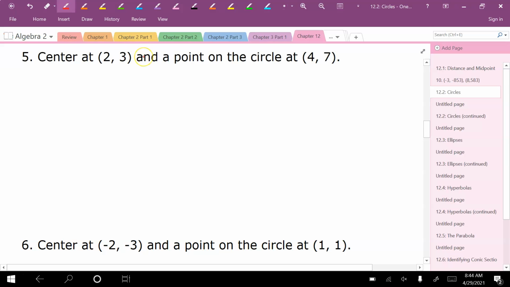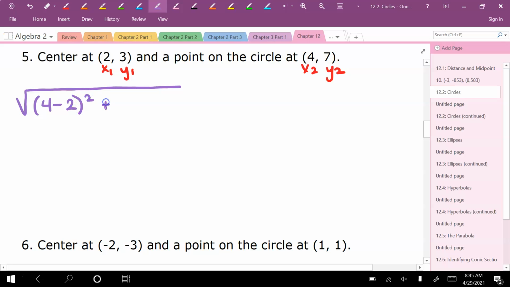So I'm going to start by labeling these x1, y1, x2, y2 so that I can use my distance equation. So I'm going to do 4 minus 2 squared plus 7 minus 3 squared.